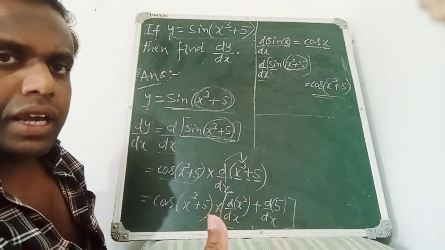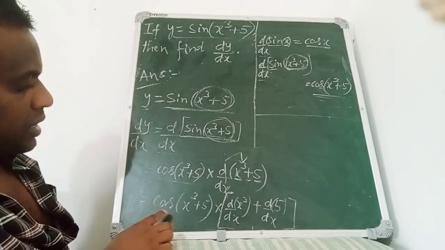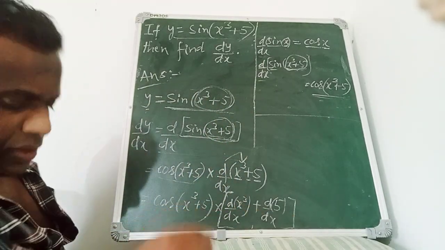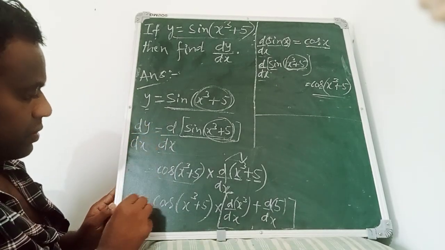The remaining I will solve on the back side of the board because of space issues. I have put only the equal sign; dy by dx we have to write here also.